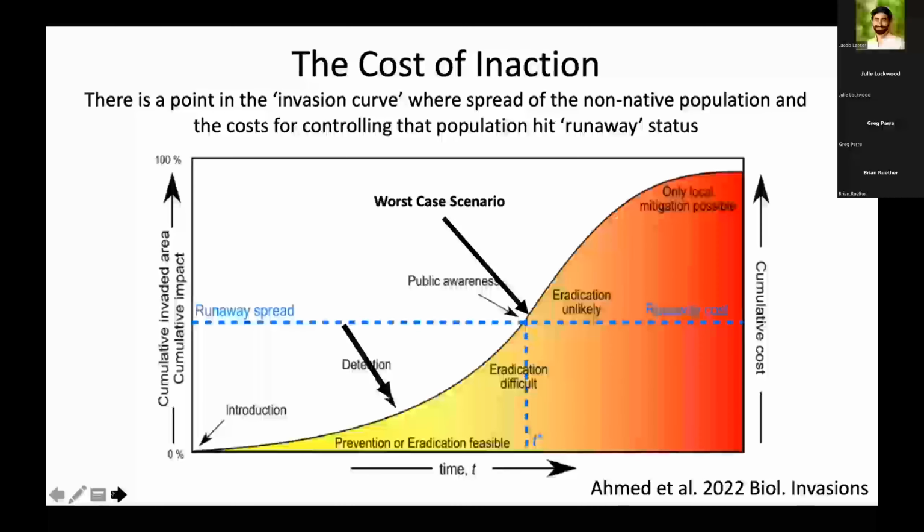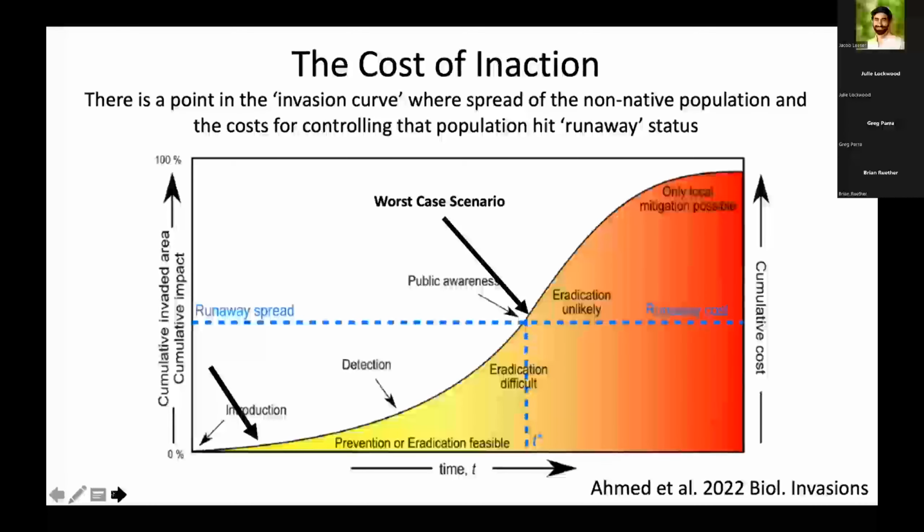But in the best case scenario, you're taking whatever the detection is based on, maybe any kind of tool that you have at hand, and you're looking for any other tool or mechanism to move that detection as close to the introduction point as possible.